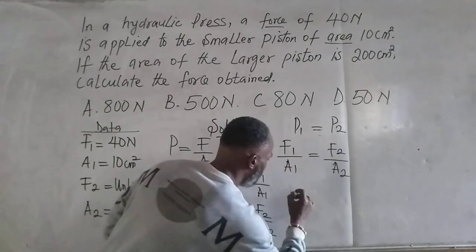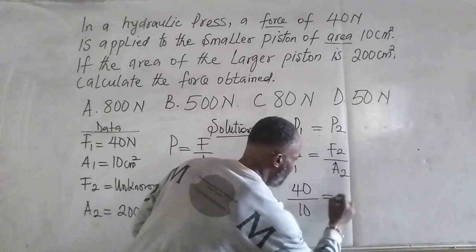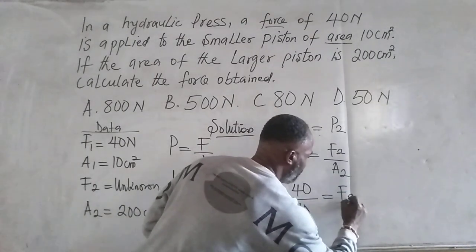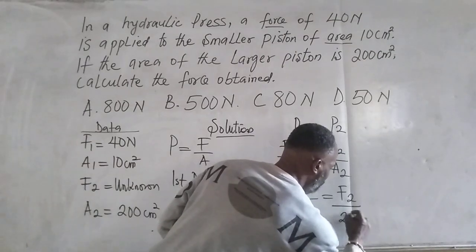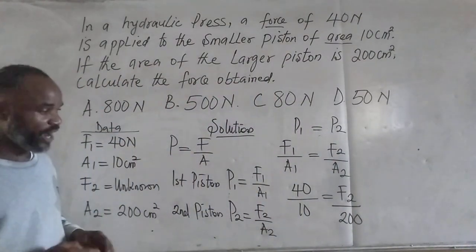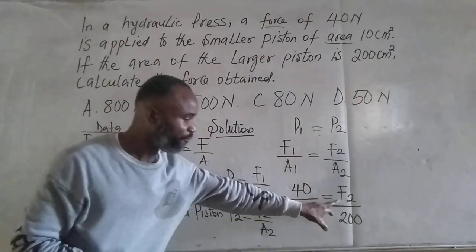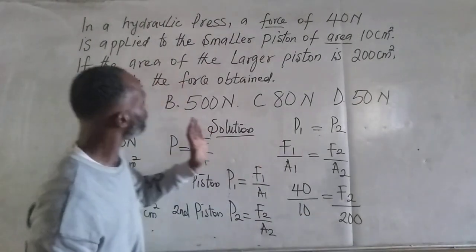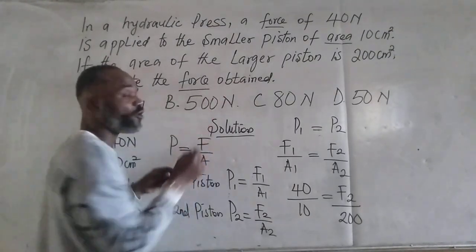So for F1, we have 40. For A1, we have 10. For F2, we don't know the value. And for A2, we have 200. So we have done well by substituting wisely. Therefore, we are looking for F2, which is what is meant by calculate the force obtained.